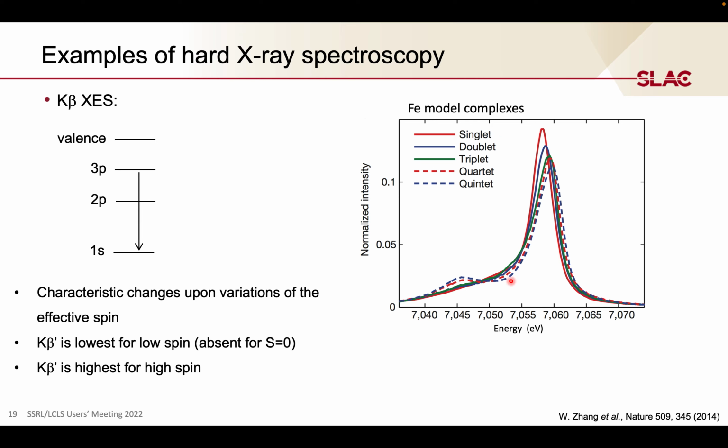You still see some intensity here, and you see an asymmetric line shape, which is not due to the presence of a Kβ prime, but that's due to the same as what I said before. You also have different configurations of the 3d electrons, which then give rise to different energies in different transitions. So it's a very nice method to actually measure the spin and learn about the spin.